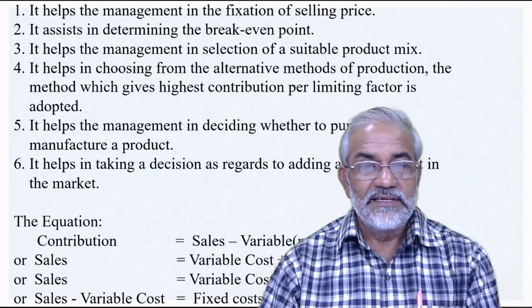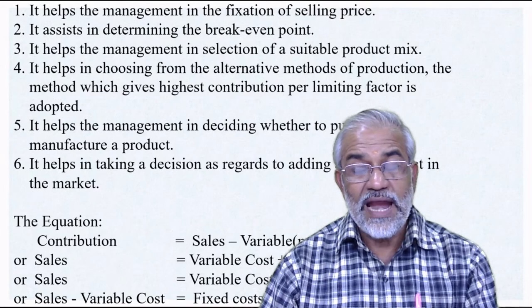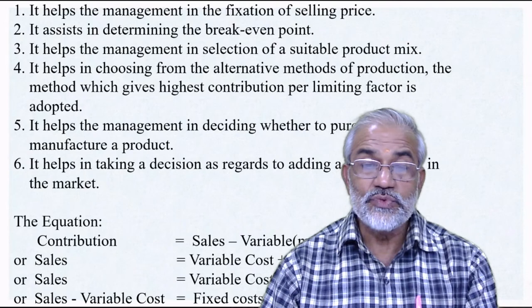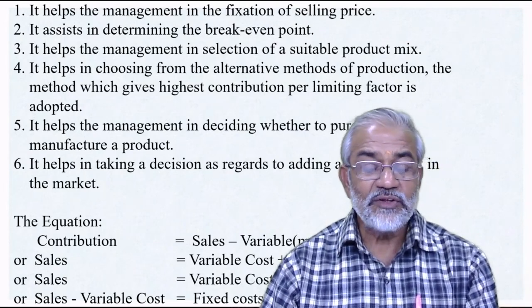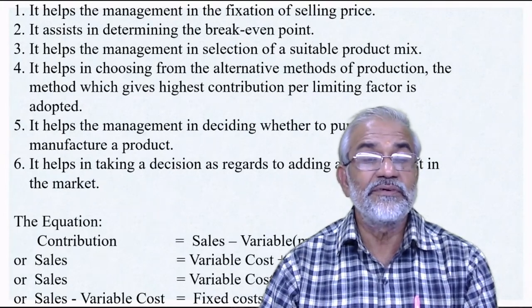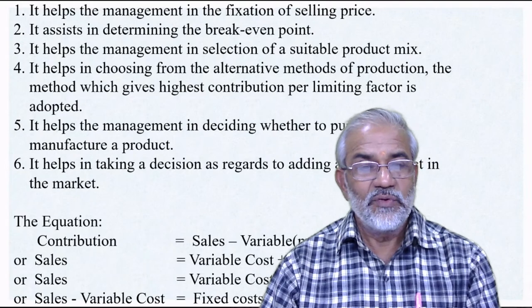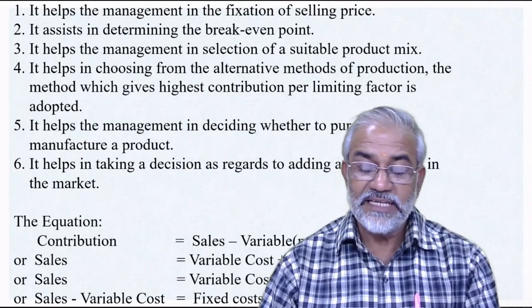In that case, we need to find out how many cups of coffee should be sold at least in a day to earn a profit of rupees 200. That can also be computed. The absorption costing will not help us for computation of this, but this can only be calculated through the marginal costing.